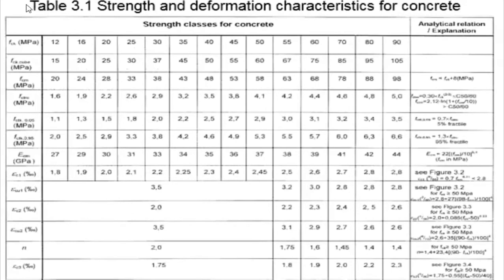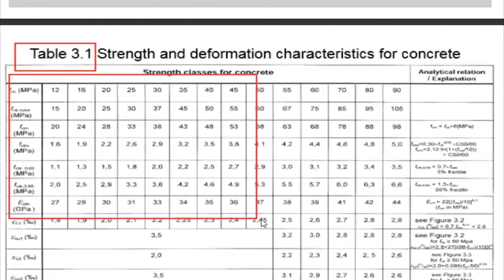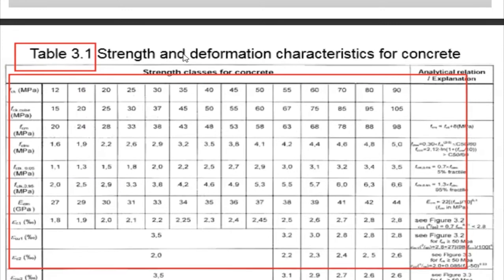And this is always obtained from the so-called Table 3.1, in which you can find your strength depending on the strength and the deformation of the concrete as empirically calculated.